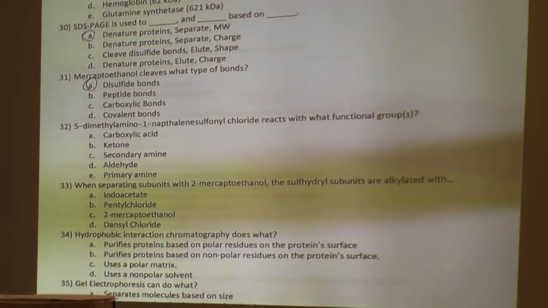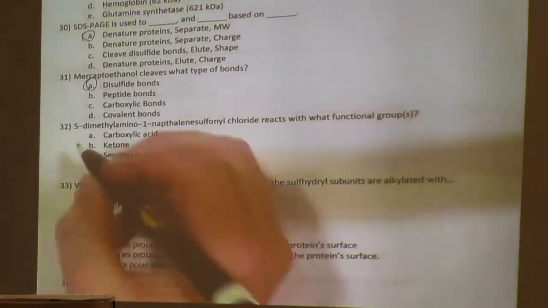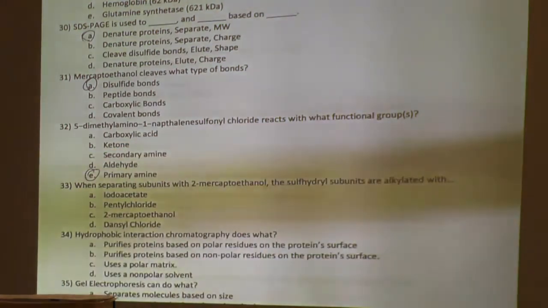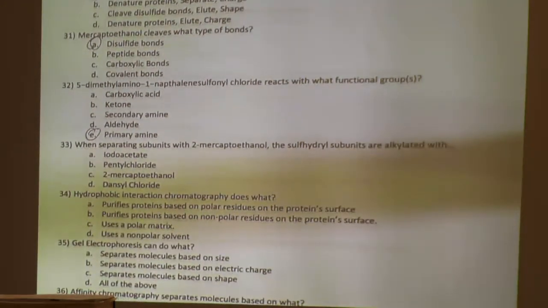5-dimethylamino-1-naphthalene sulfonyl chloride reacts with which functional groups? E? Yeah, it's E. It reacts with primary amines. You probably know the shortened form of that one.